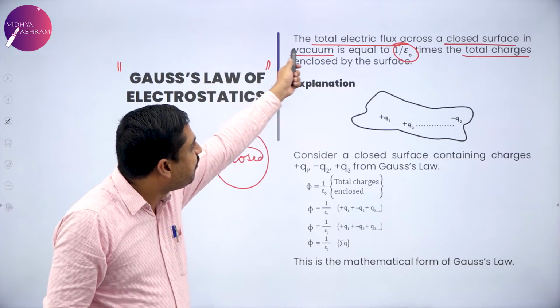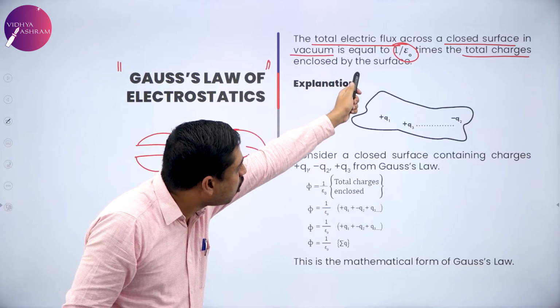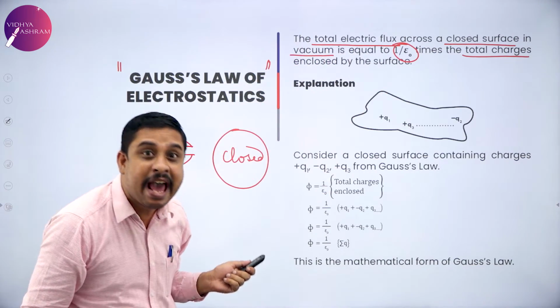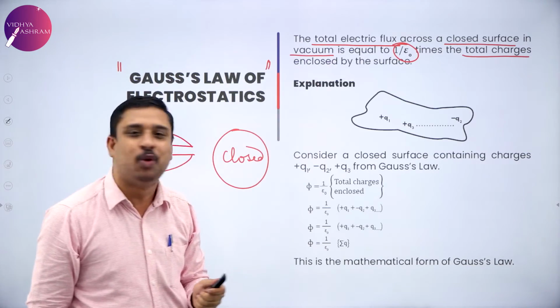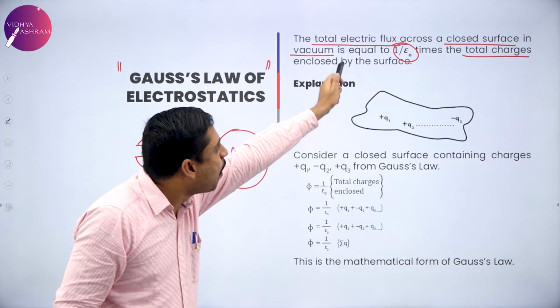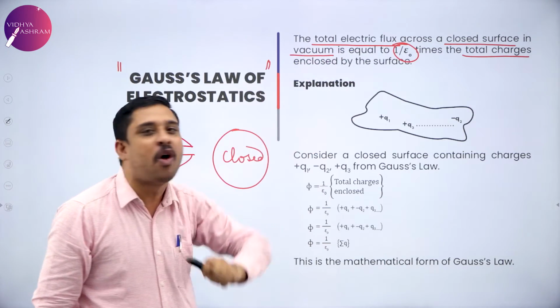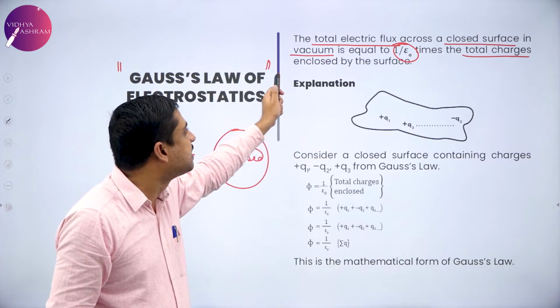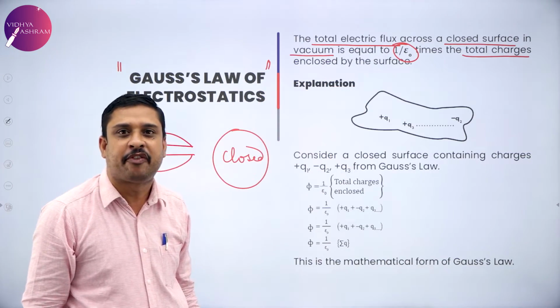So the electric flux across a closed surface, in vacuum, is always equal to 1 by epsilon naught times the total charges enclosed by the surface.